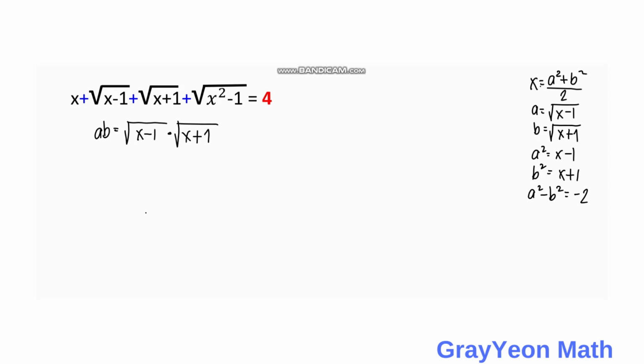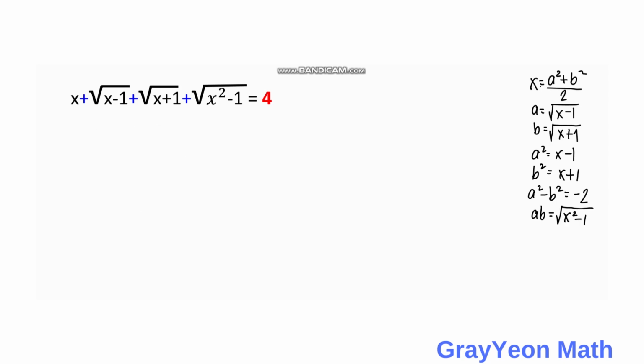Then we can just simply put that in a single radical sign and see that these two items can be multiplied inside this radical sign. So we have ab equal to the square root of x squared minus 1.